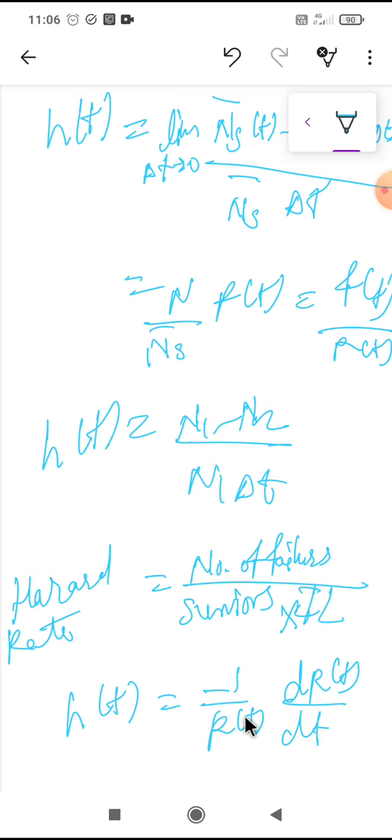How does this come? As we know, f of t is minus dr by dt, so instead of f of t I have written this.